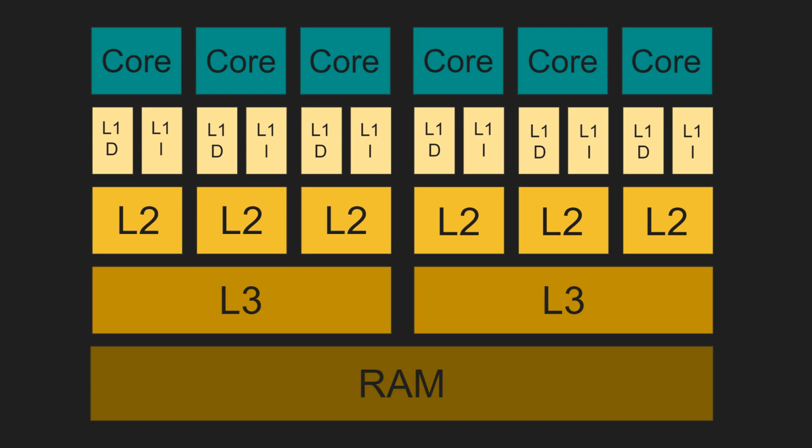Below that again is an L3 cache, and this is a cache that's shared among multiple cores and is the level at which the data is communicated between the cores. Finally, there's the actual system RAM, which is not part of the CPU at all. There's a memory controller in between, and the RAM is super slow, and we don't really need to worry about it.